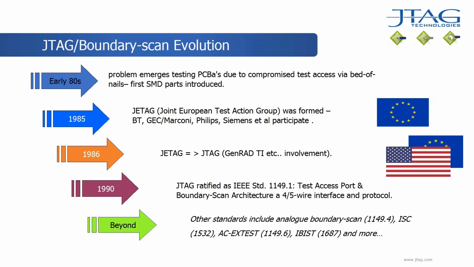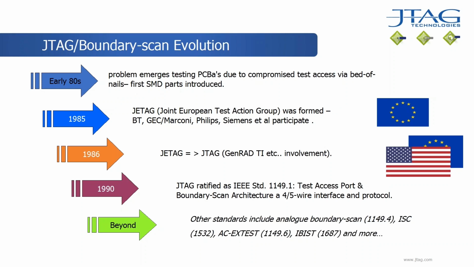Now, in addition to the base standard that was developed as long ago as 1990, there have been some updates to that standard, and there have been some additional standards. So, for example, extension 1149.4 was an attempt to address analog testing, because the base standard is focused on digital. Then we have an in-system configuration, ISC standard 1532, which is a superset of 1149.